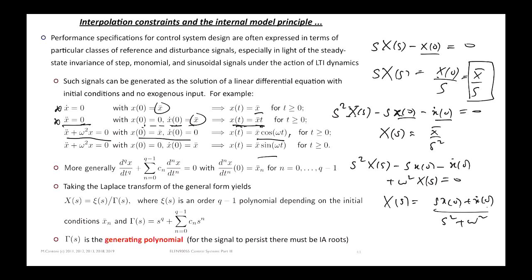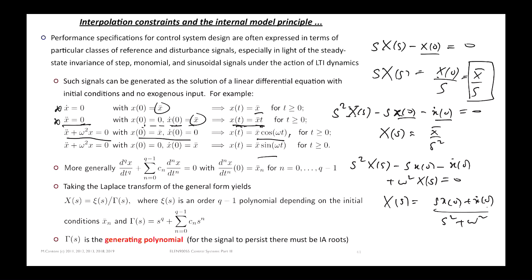Okay, so more generally, we can describe these sorts of signals that persist using higher order differential equations, right, with a set of initial conditions. Okay, just like in the examples here, if you take the Laplace transform of this autonomous ordinary differential equation with initial conditions, you get an expression like this for the solution in the Laplace domain.